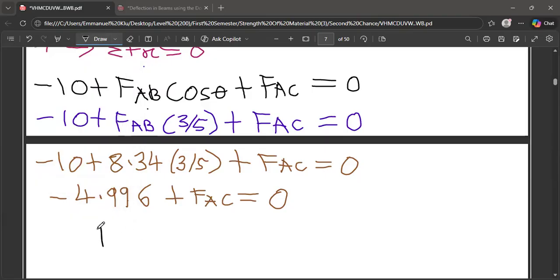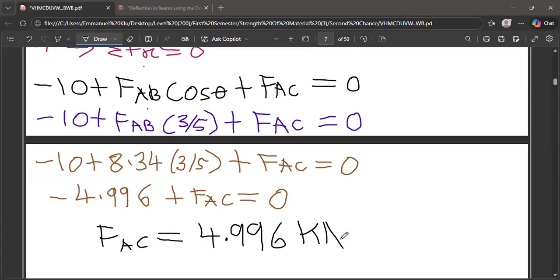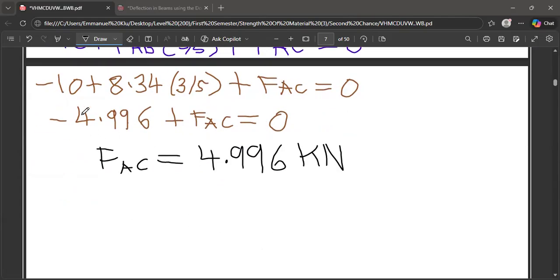So we can say that finally our FAC is equal to, it's going to be positive, of course, 4.996. It's supposed to be in kilonewton. But why don't we just convert it into a whole number?